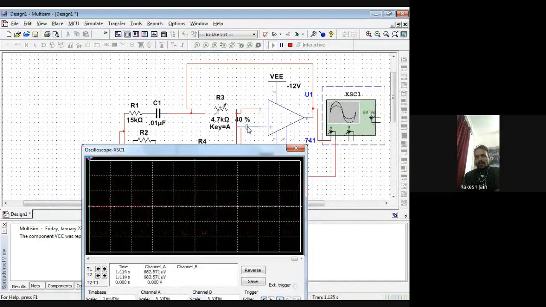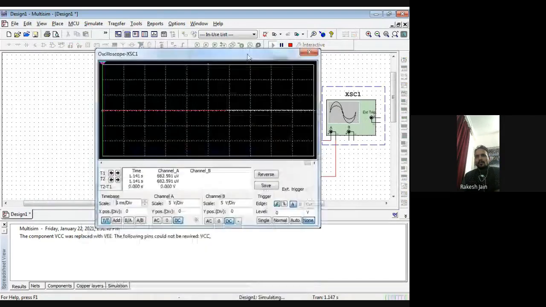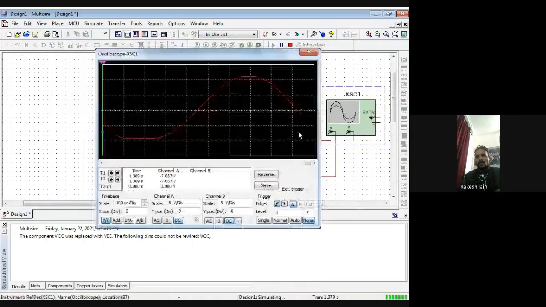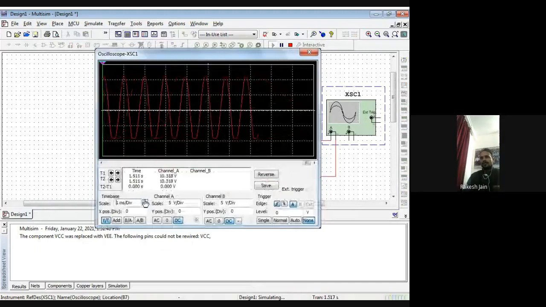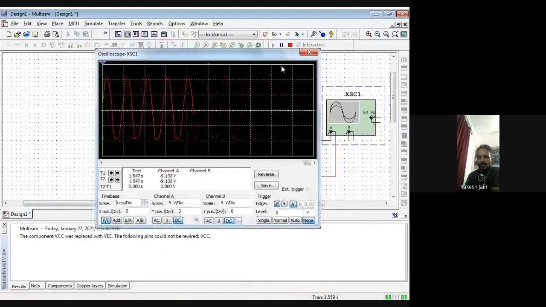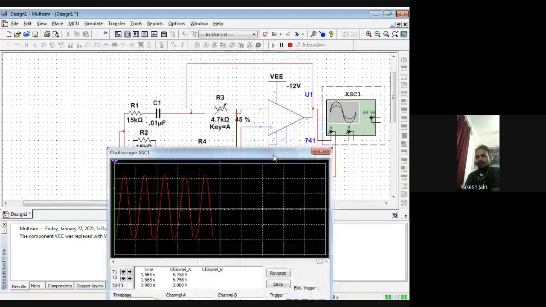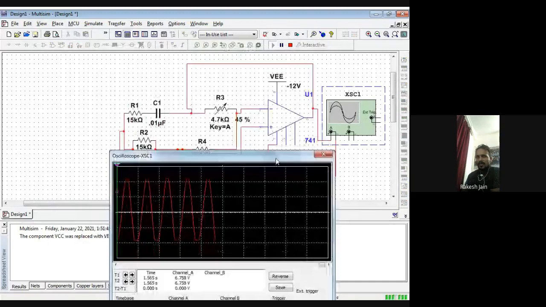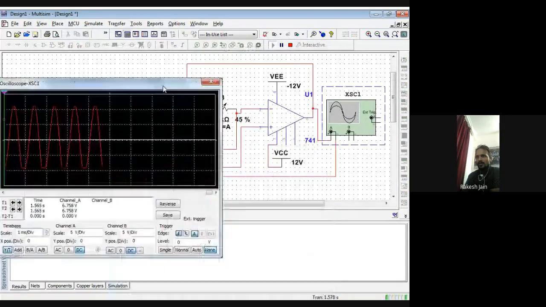Now we will check it. Kindly wait. See this sine wave. Yes, so it is a sine wave which is the output of this Wien bridge oscillator. Okay, so this is the completion of it, and because we have to notice the effect of resistances and capacitance, by the variation of this resistor, see I am going to vary the resistor value.